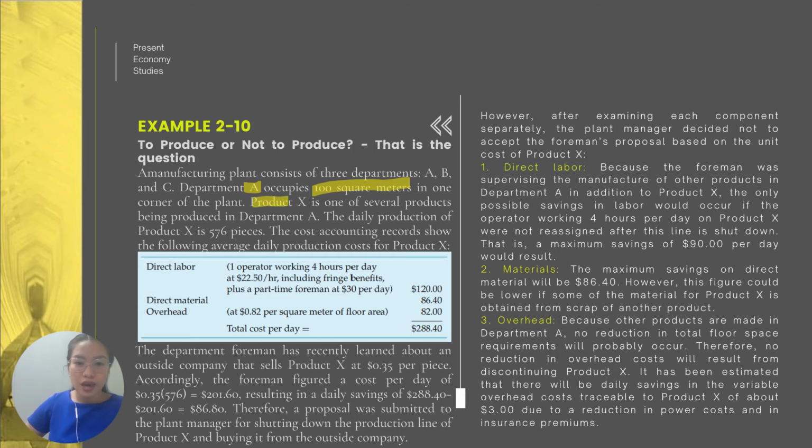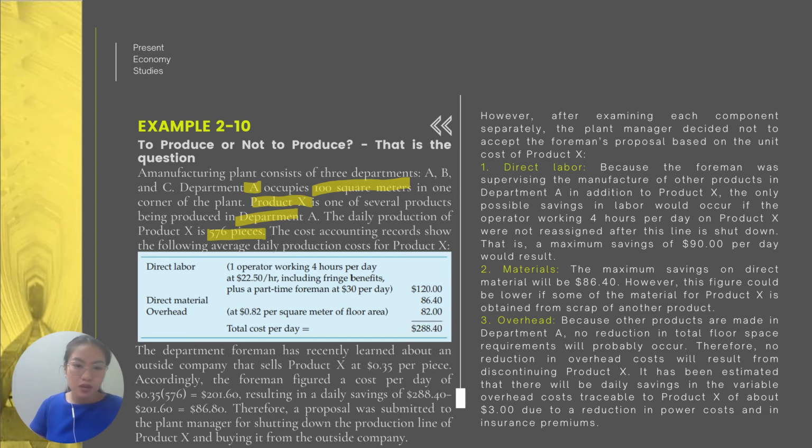Product X is one of the several products being produced in Department A. The daily production of product X is 576 pieces. The cost accounting records show the following average daily production cost for product X.